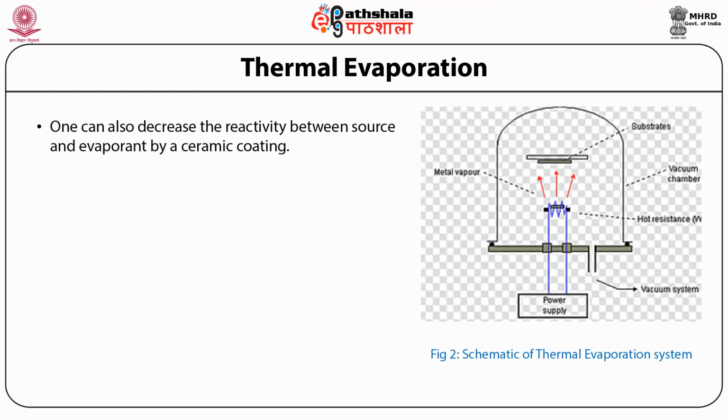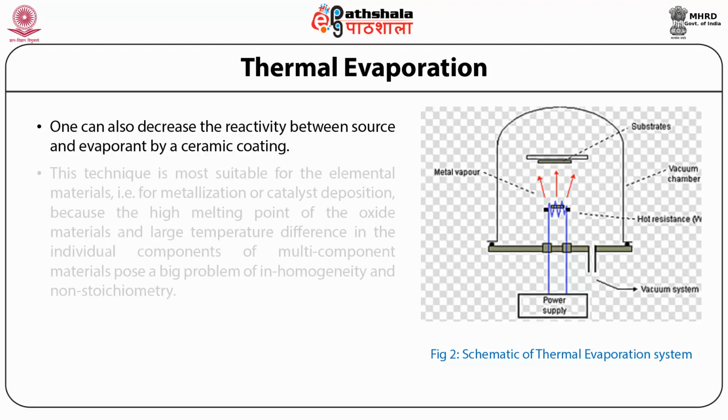One can also decrease the reactivity between the source and evaporant by a ceramic coating. Crucibles of certain oxides, such as boron nitride, and carbon could also be used as an evaporation source when heated by refractory metal wires or foils.